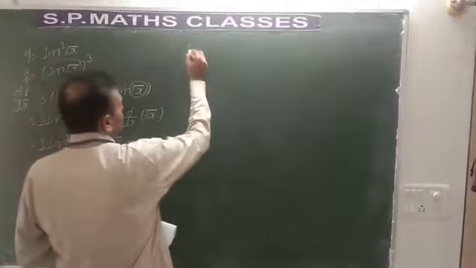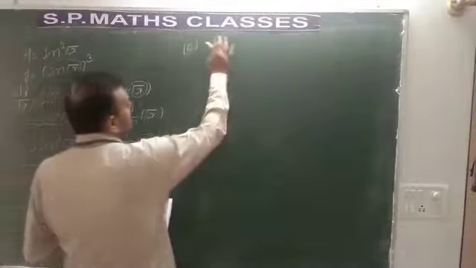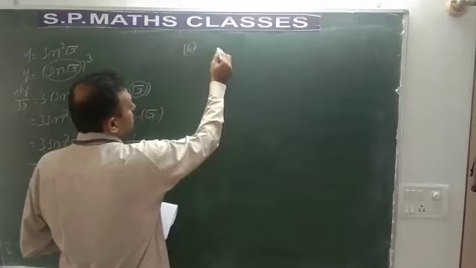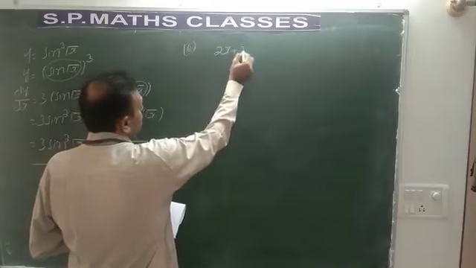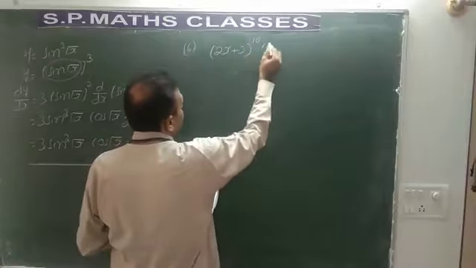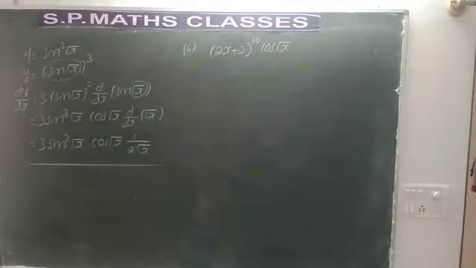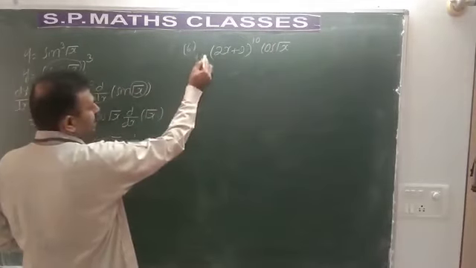I take up additional problem number 6. It is 2x plus 3 whole power 10 into cos root x. This is what the problem is. So I take it as y.